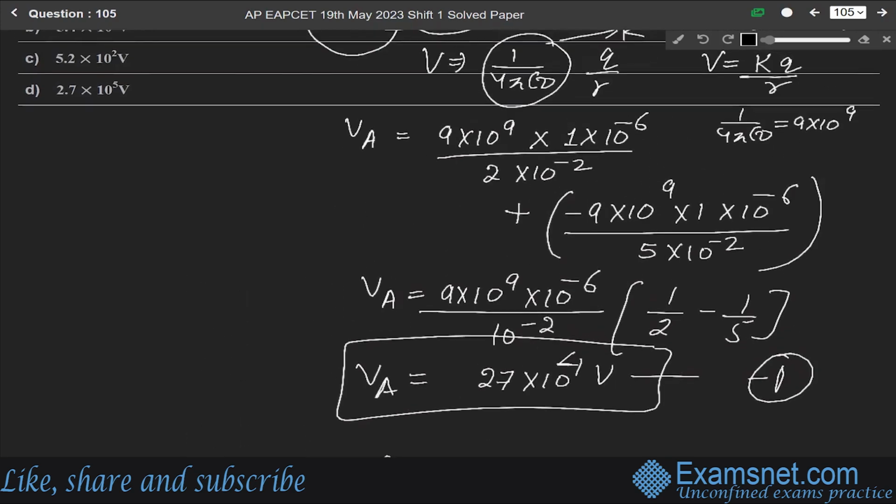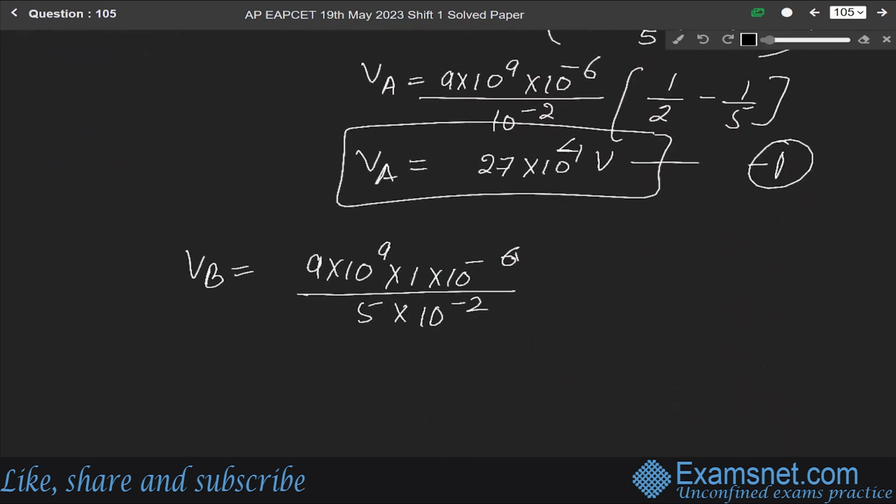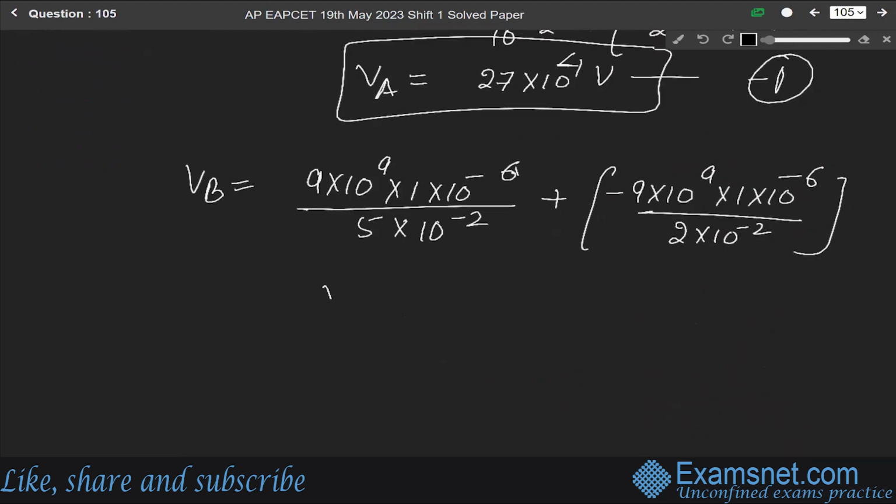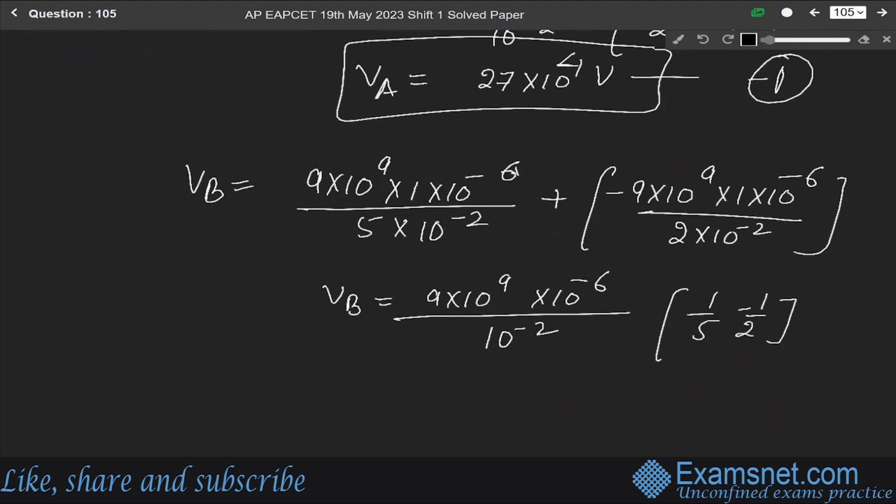And from the negative charge, it is 2 centimeters, so plus minus of 9 into 10 to the power 9 into 1 into 10 to the power minus 6 over 2 into 10 to the power minus 2 meter. Solving it, taking this part common, we get 1 over 5 minus 1 over 2. It will be minus 27 into 10 to the power 4 volt. Let us say this is equation number 2.